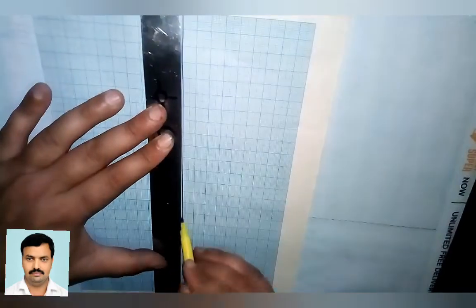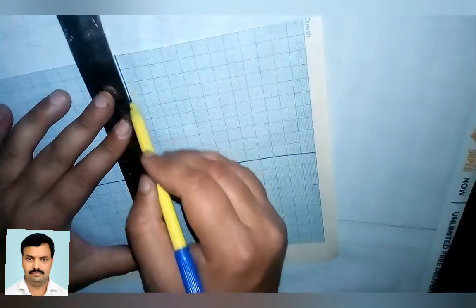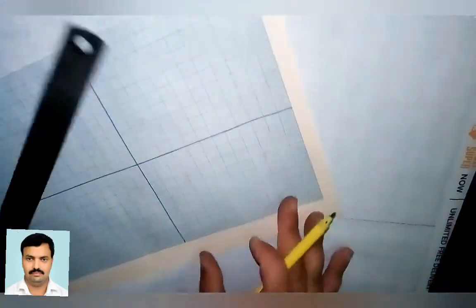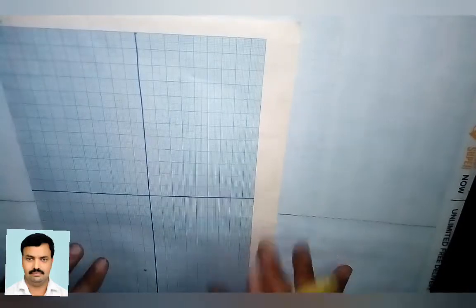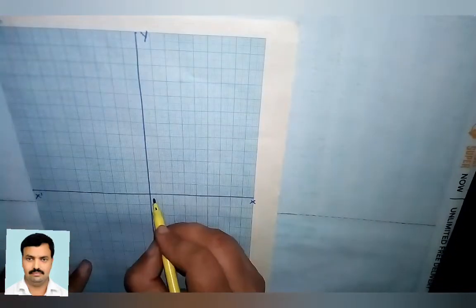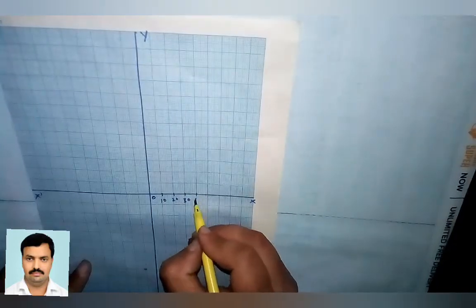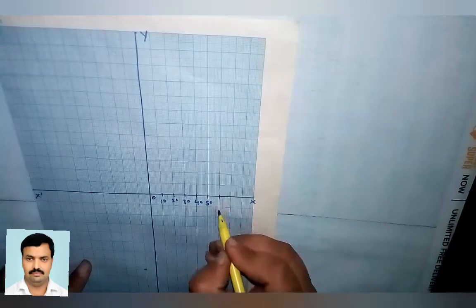On the graph, first of all, draw the x-axis and y-axis. You know these two are number lines only. But it is not necessary that you write 1, 2, 3 only on these lines. You can take the scale as you wish. So I am taking 10, 10. So origin is 0.